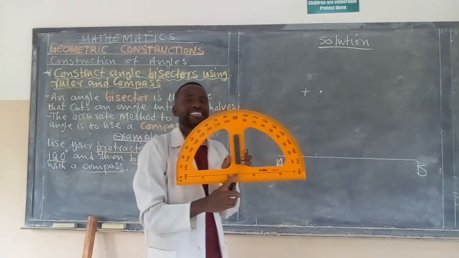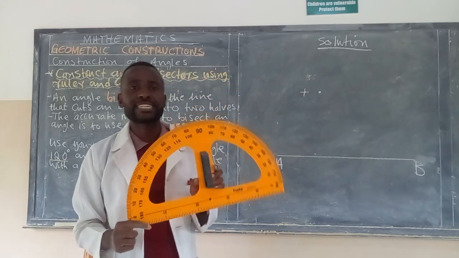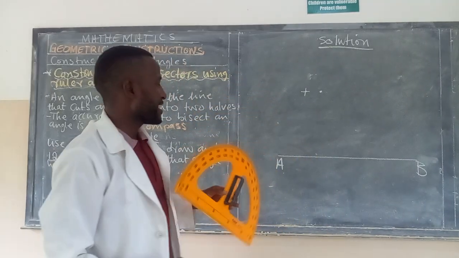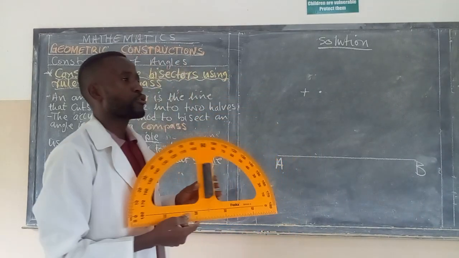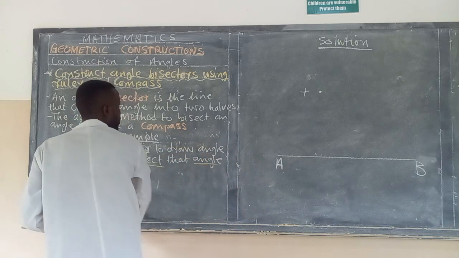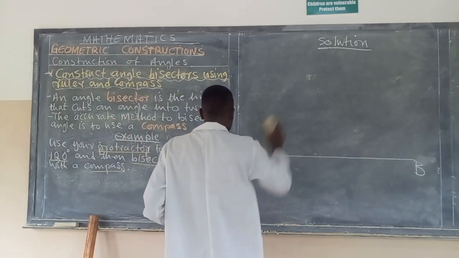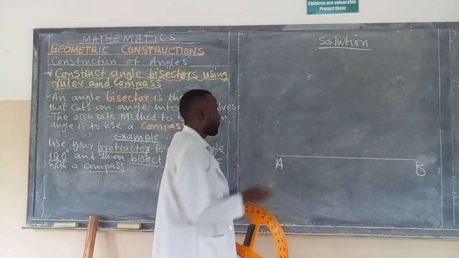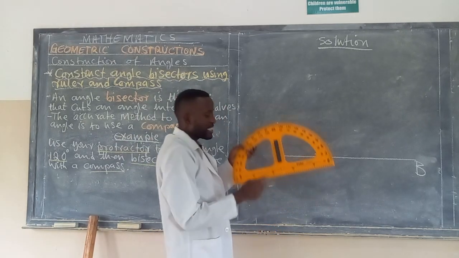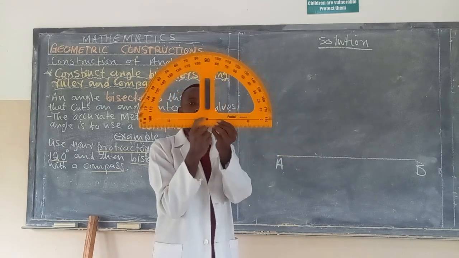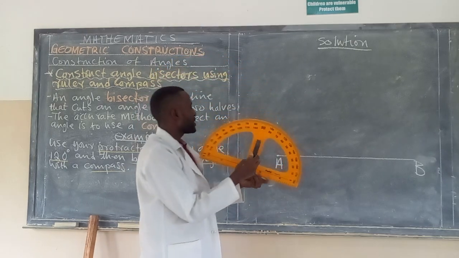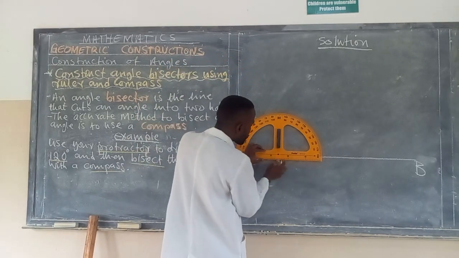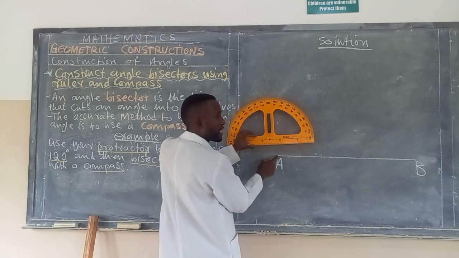Just know that that is the center of this protractor. When you know that, what should you do next? The next thing you should do is to come on the line you have drawn, on point A. Let this dot or hole be aligned straight to this point here on A.